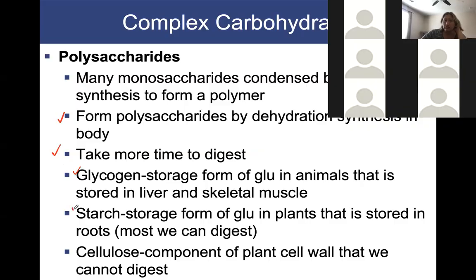Starch is a storage form of glucose in plants. The more complex carbohydrates or polysaccharides we have, the better it is. If we can always pair some type of fiber, plant cellulose, with a simple sugar, like fruit, or some type of protein with some type of simple sugar, it's going to slow down digestion, and so your blood sugar isn't going to spike as quickly.